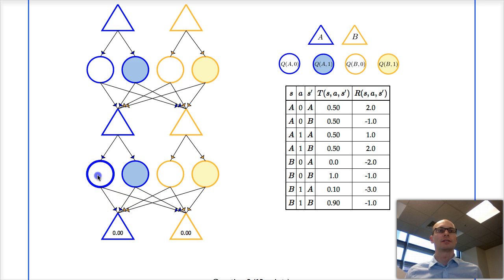And to compute the value over here, this is being in state A, having taken action 0, and there being 1 time step left. So in state A, taking action 0, we get with 50% chance a transition to state A and a reward of 2.0.